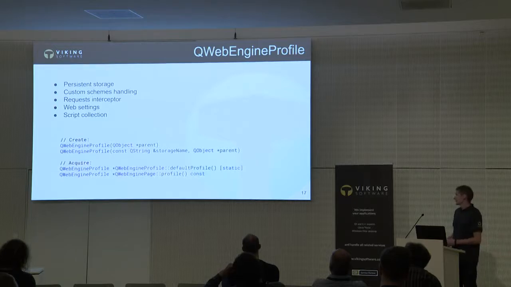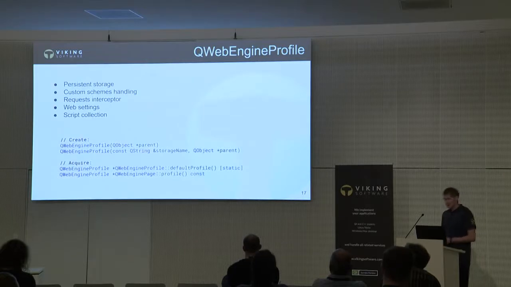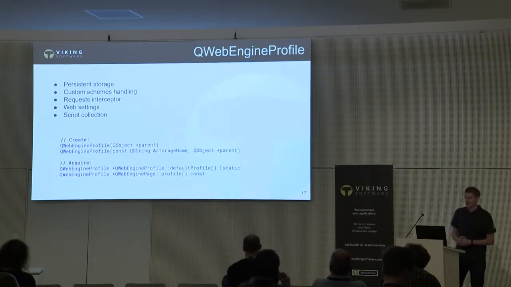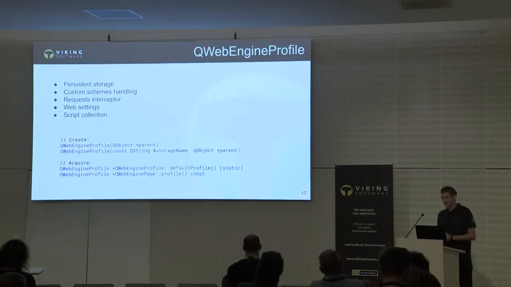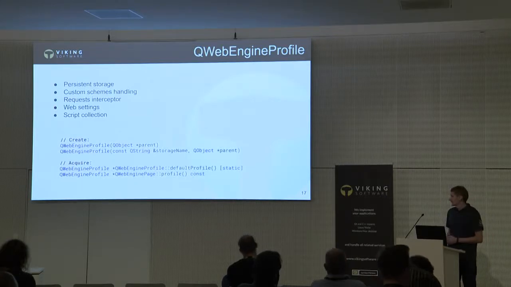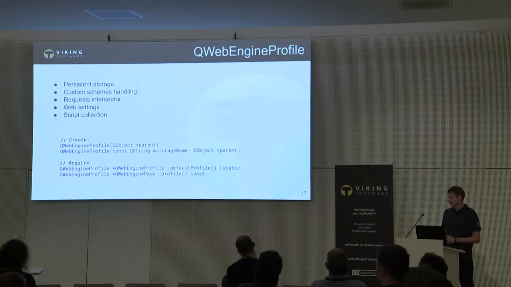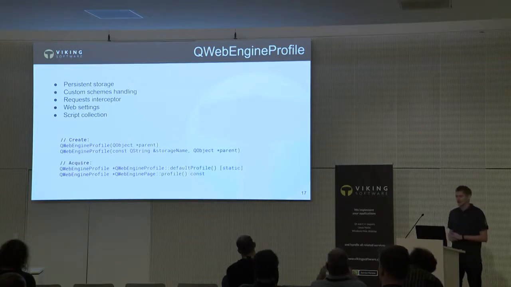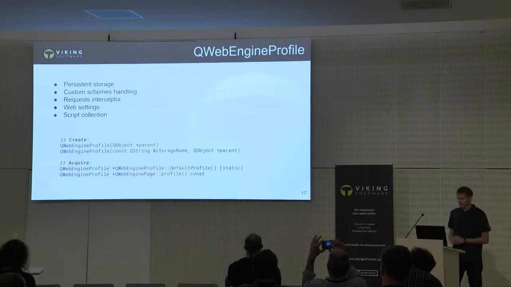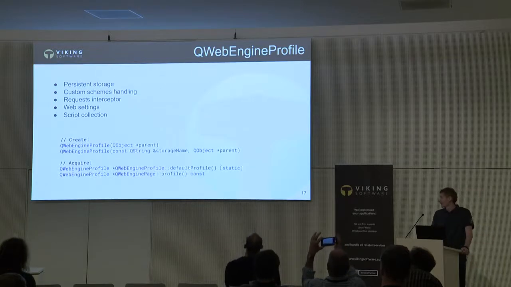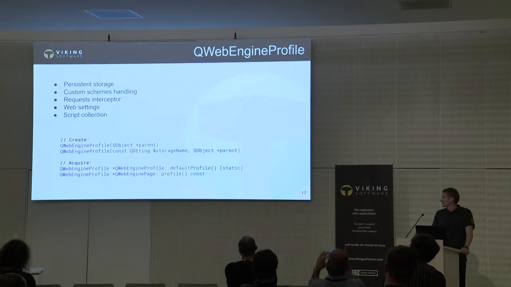Of course, we can use this in read-only mode, like incognito mode in common web browsers. Here it's called off the record. To create such an instance, an off-the-record instance of WebEngine profile, we can use just the default constructor without a name. And if we'd like to use and store data among our sessions, we have to use the named constructor.